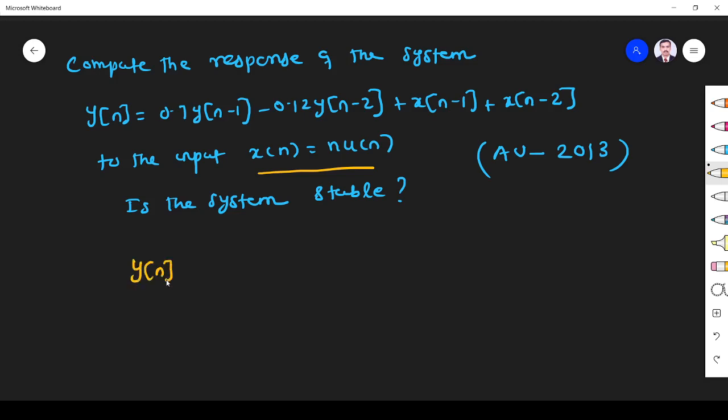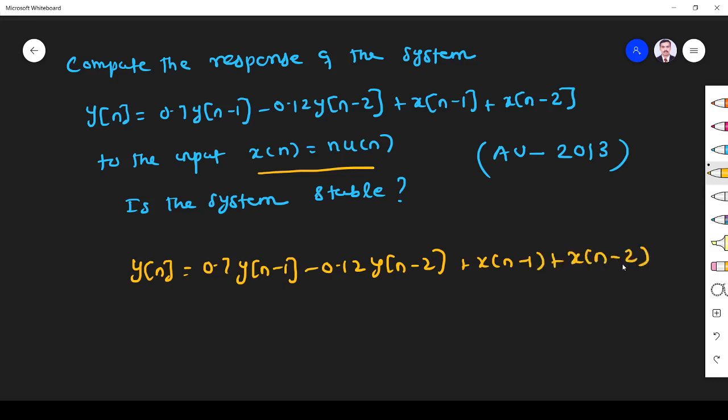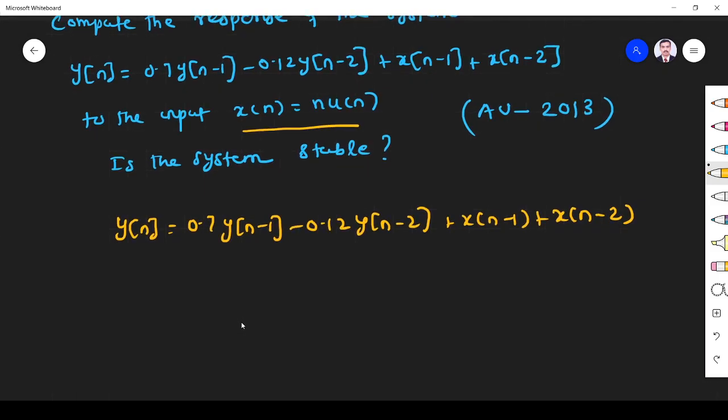So y of n is equal to 0.7 y of n minus 1 minus 0.12 y of n minus 2 plus x of n minus 1 plus x of n minus 2. So let us take the z transform.